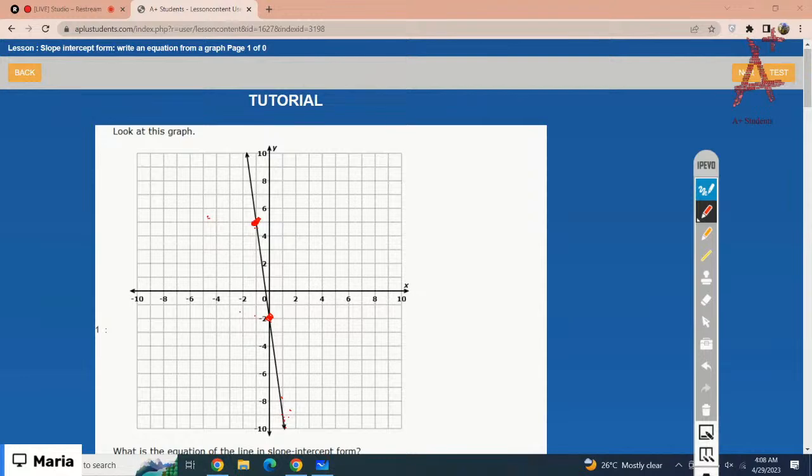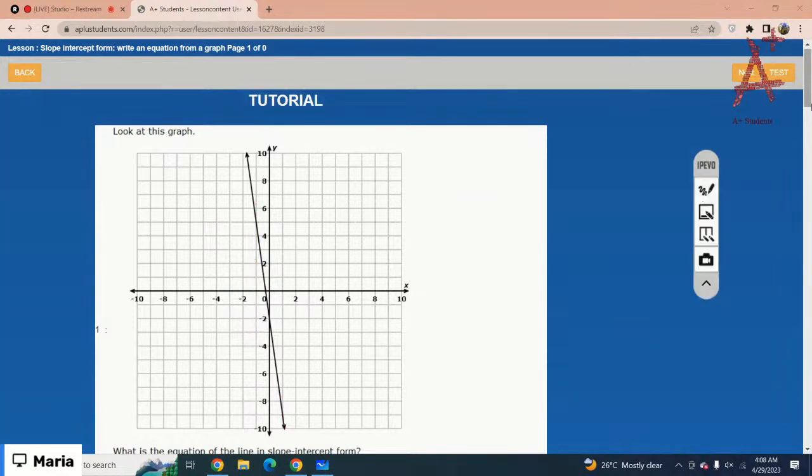The slope is change in y over change in x. Change in x is just 1 and change in y is 1, 2, 3, 4, 5, I think 6 it is. So it would be 6 over 1. So slope is 6.